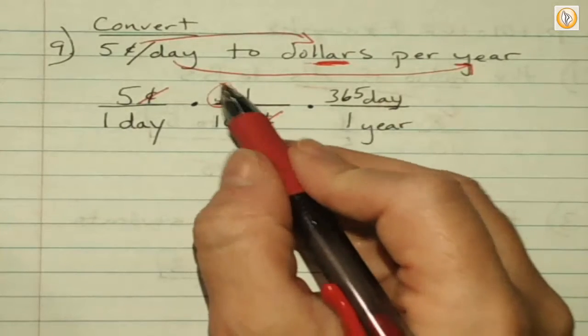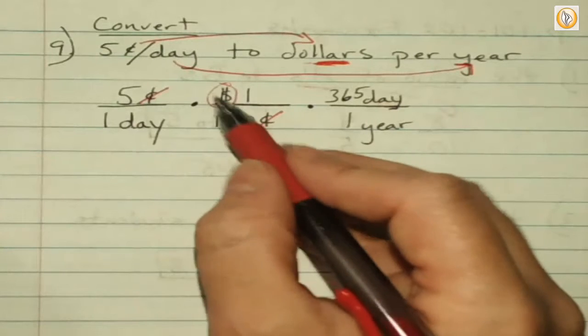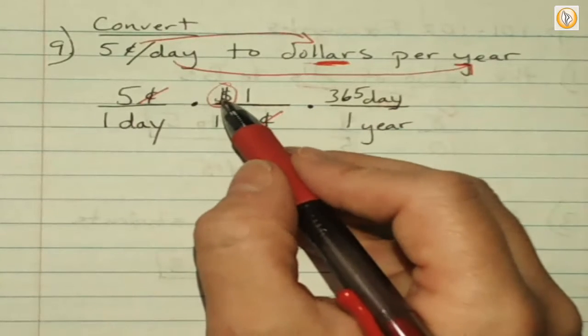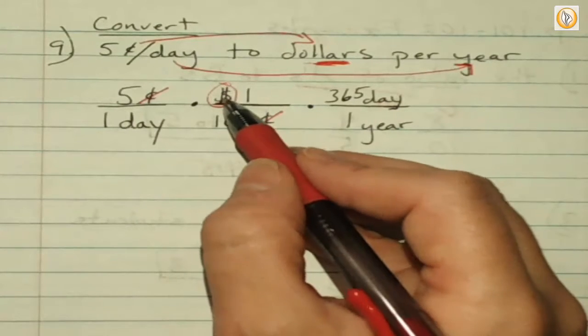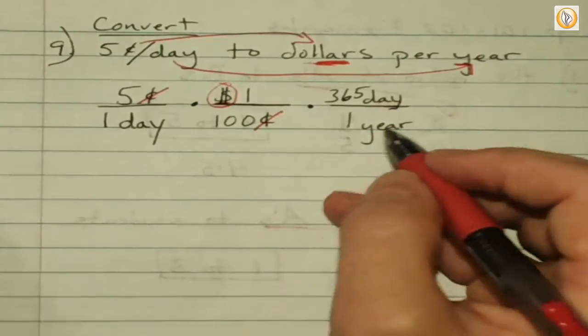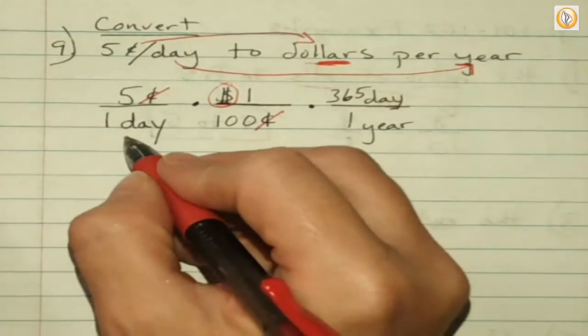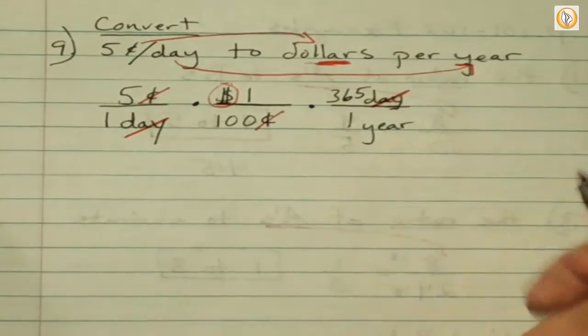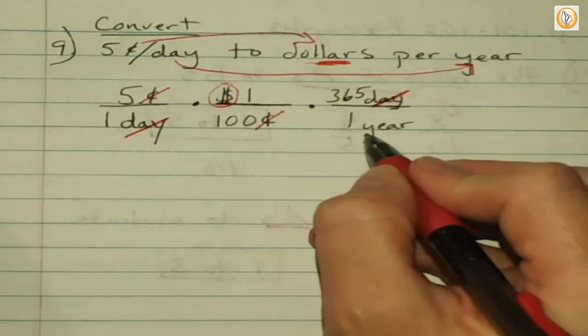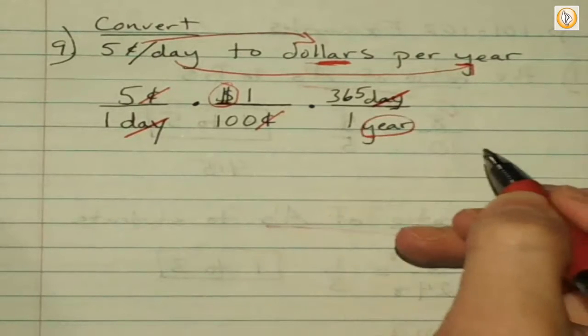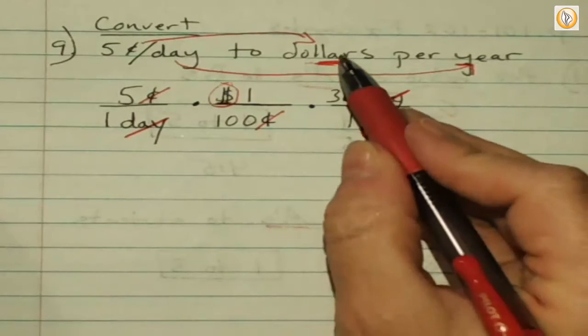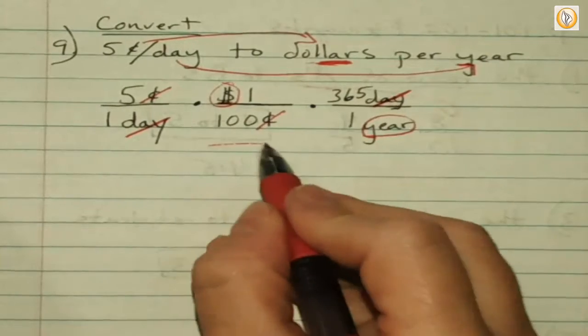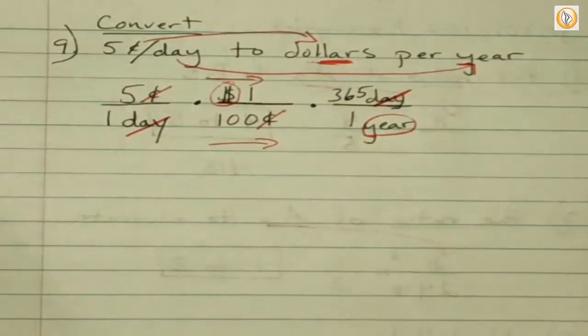We want to stop here, and if you want, highlight or circle. Okay, I'm done. I don't need to do any more converting here. I got to my dollars. So here, day and day cancel, and I got my year. Now all I do is multiply across.